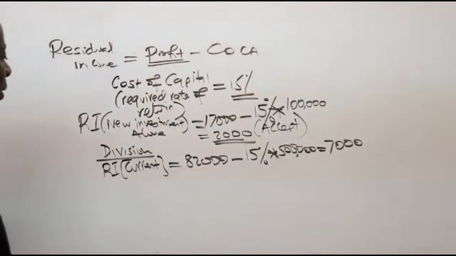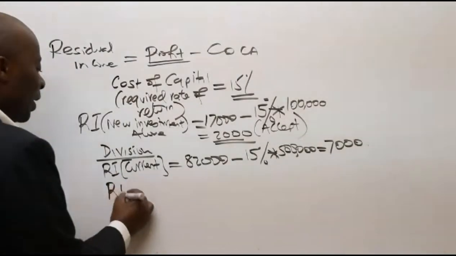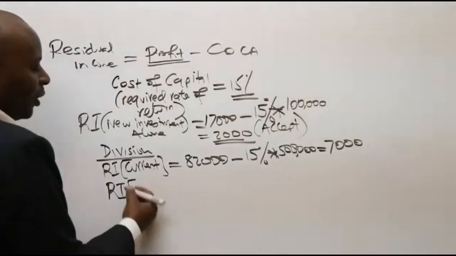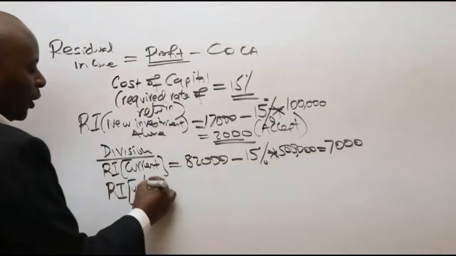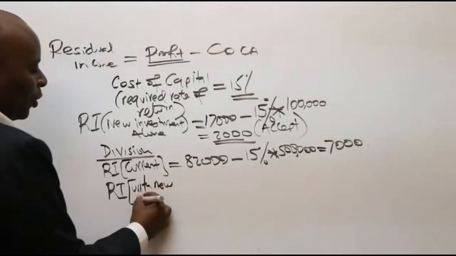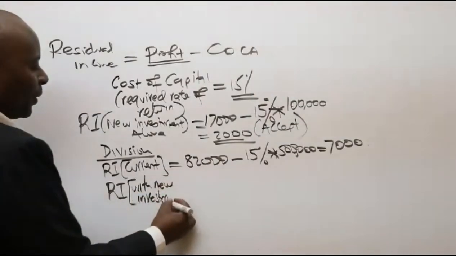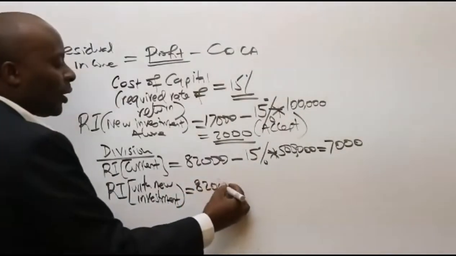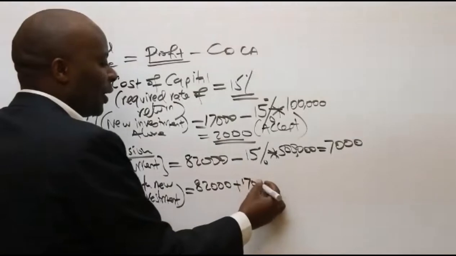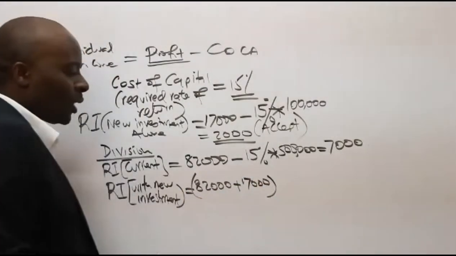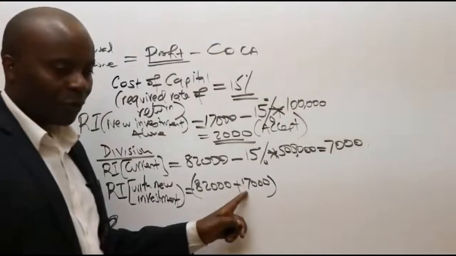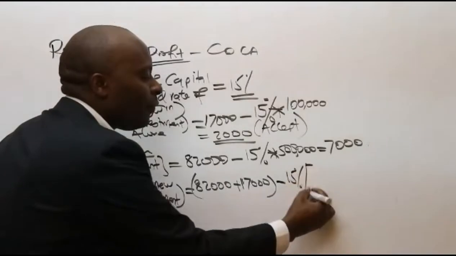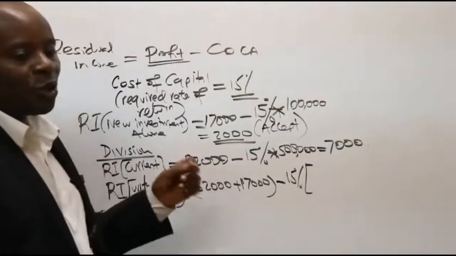Now, could you give me the residual income of this division when we add the new investment? With the new investment, my profit will be 82,000 plus the additional profit of 17,000, minus the cost of capital, which is 15% of the total investment.